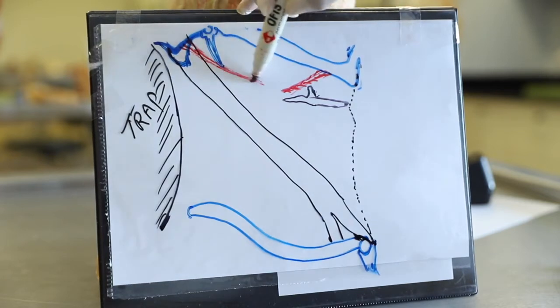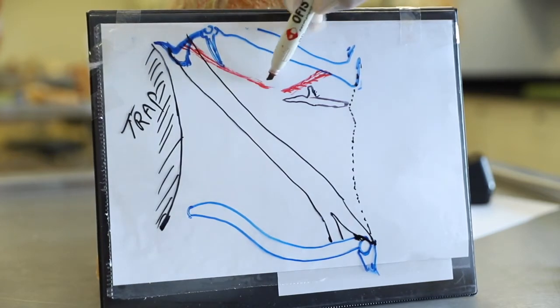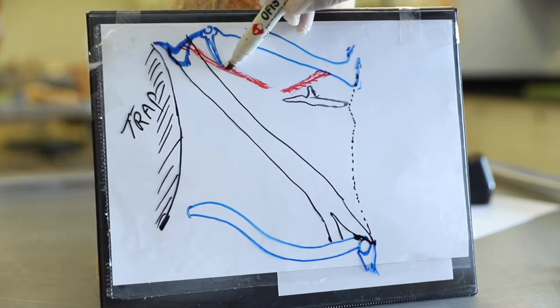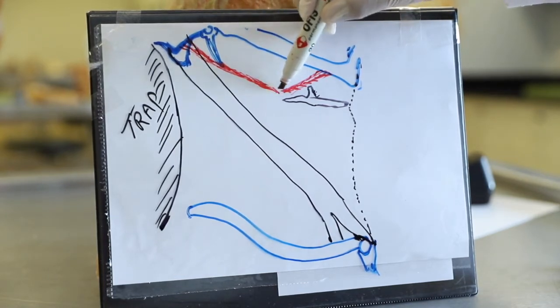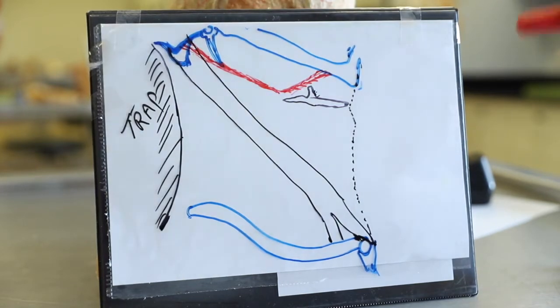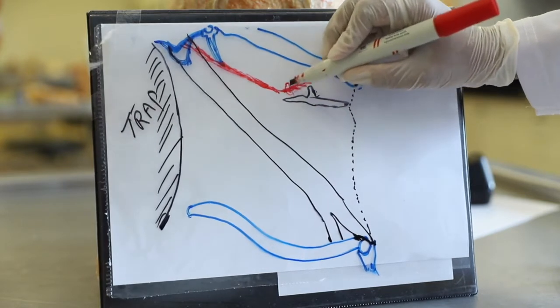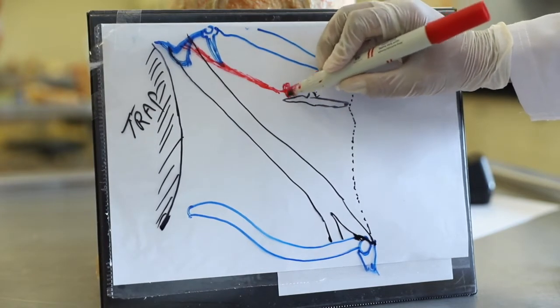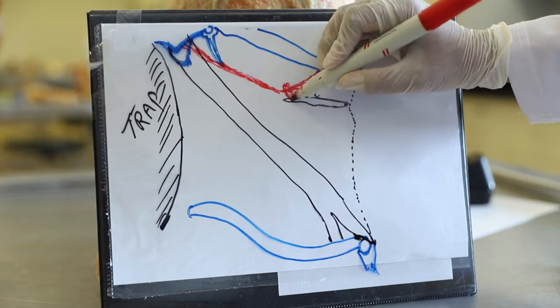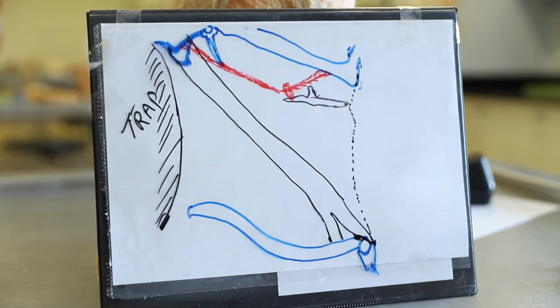This is the posterior belly of the digastric, and this is the anterior belly of the digastric. They meet at the midline, and then attach by a fibrous intermediate tendon to the greater cornu of the hyoid bone.